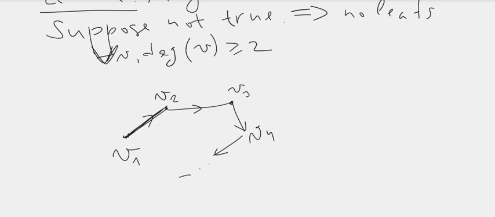So therefore, sooner or later, but in a finite number of steps, we would arrive at a vertex that we already visited before.